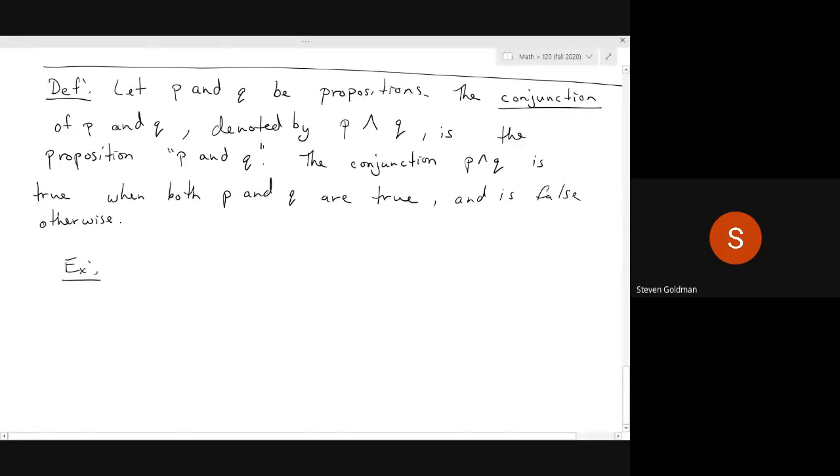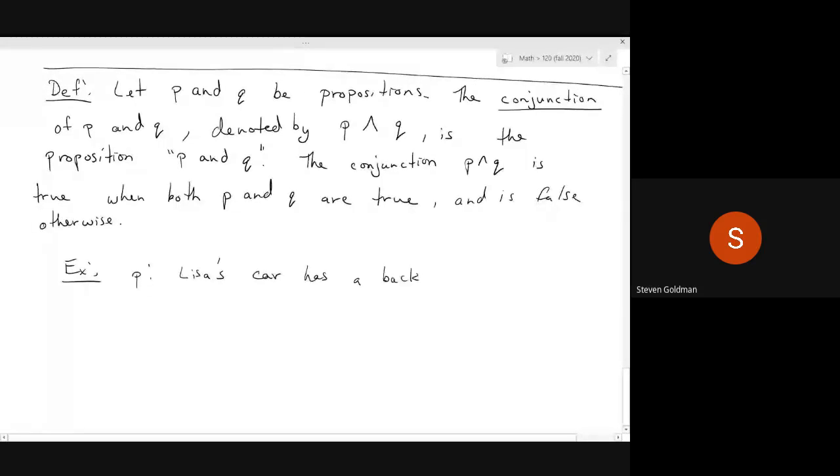Okay. All right. So let's say we have the following propositions. Let's say P is the proposition Lisa's car has a backup camera.